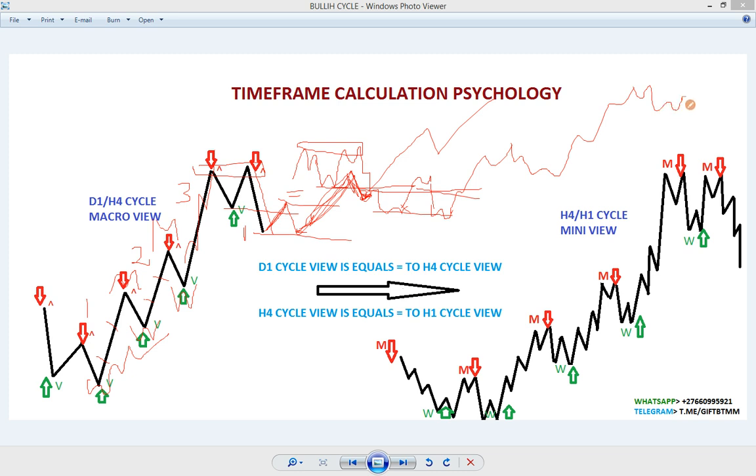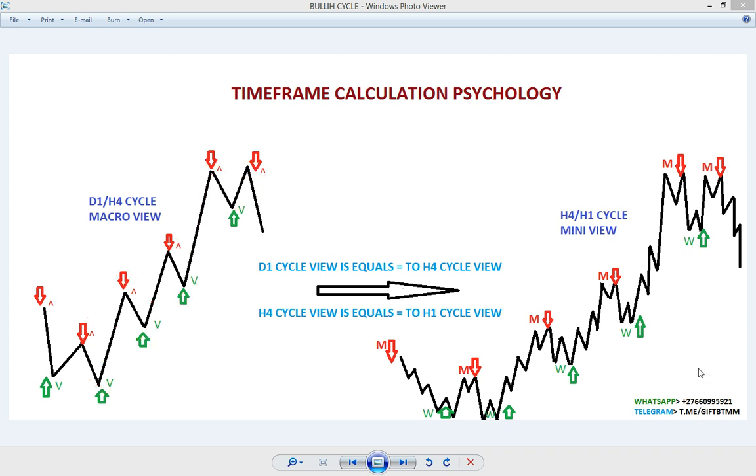Of course, you should always calculate this way, and then end the cycle. You see? Okay, guys, by looking at this picture, you can calculate any time frame variation.